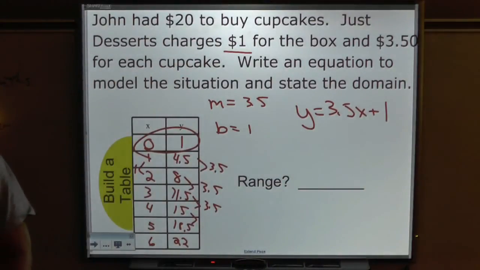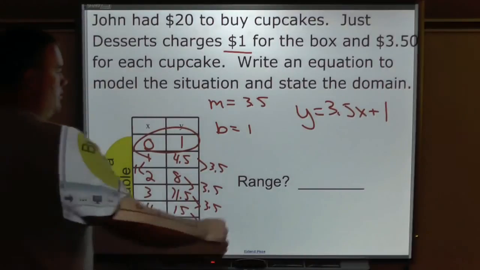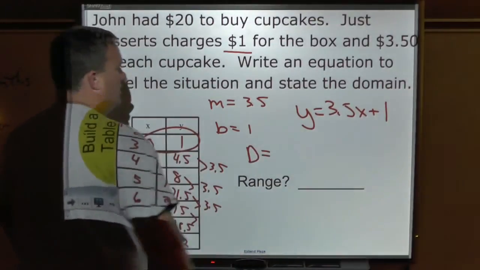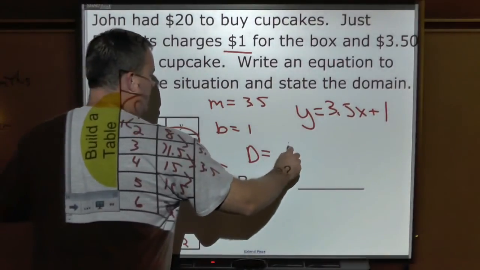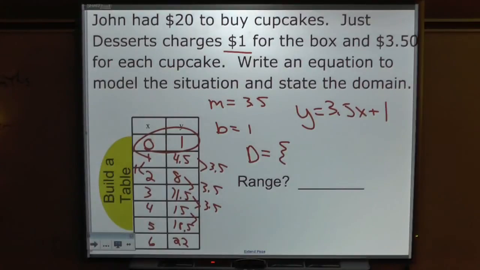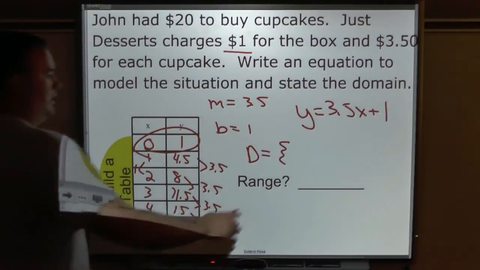But if I want to know what the domain is for this, first off, is it continuous or discrete for this situation? Can you buy half a cupcake? And hopefully you answer no. So that's going to be discrete. So if we look at discrete, what we're talking about here is 0, 1, 2, 3, 4, 5.